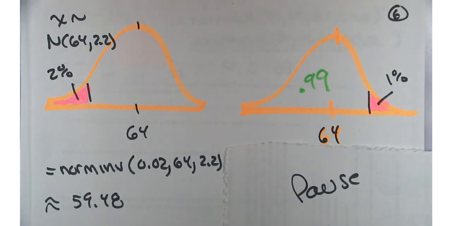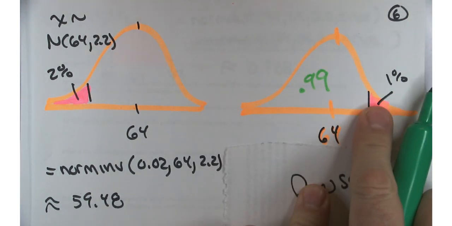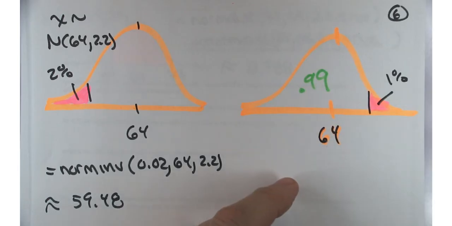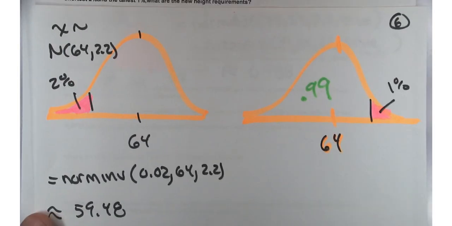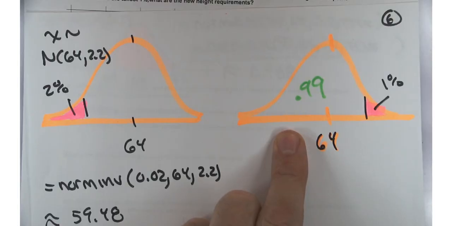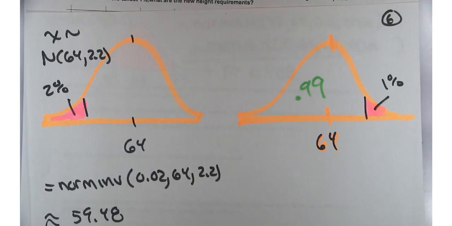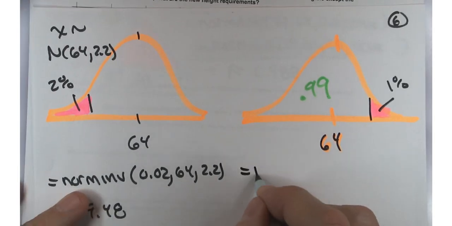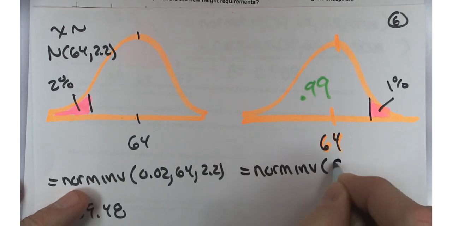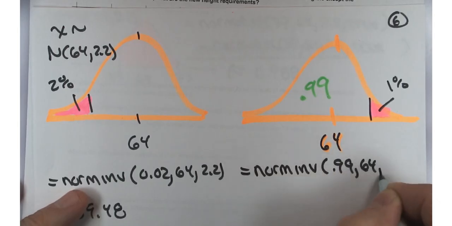When you draw these distributions, and a lot of times I'll put these distributions on your exam so that you can draw things and make sense of them, if you try putting in 58 point something, you realize, wait a minute, that doesn't look right. And hopefully you go back and change things. So the correct command should be NORM.INV of 0.99, 64, and 2.2.